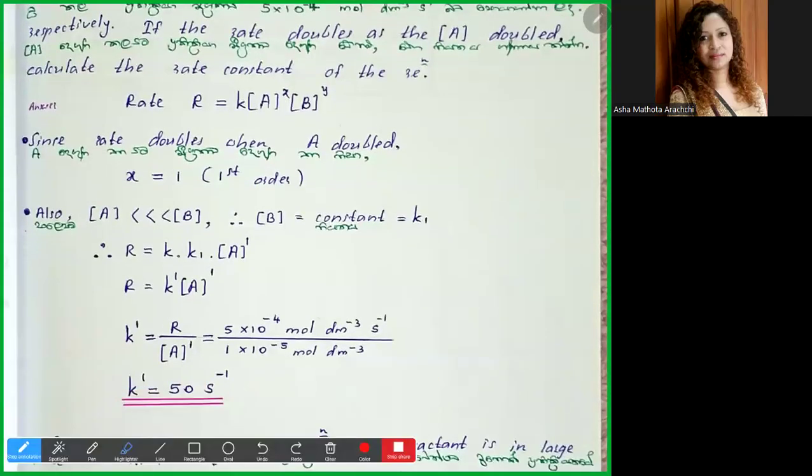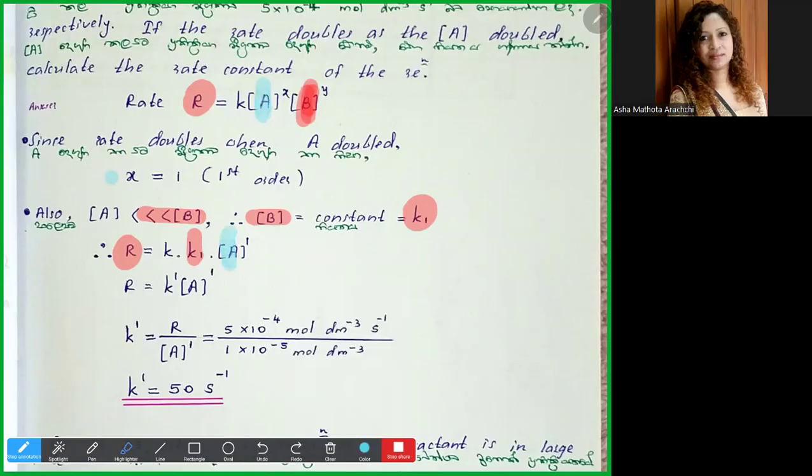So my rate expression I'm going to modify. I'm writing R exactly the same way. Then this B concentration is really high, so instead of B, I'm writing K prime. And then A, I'm just writing as it is.